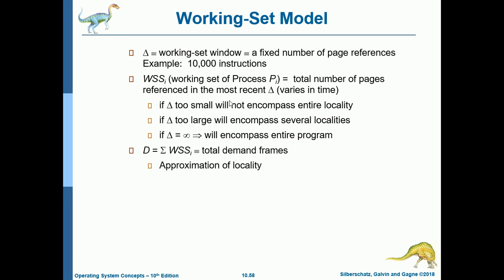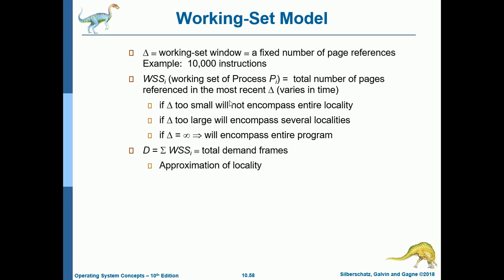WSS sub i, the working set of process P sub i, is equal to the total number of pages referenced in the most recent working set window, which varies in time. If delta is too small, it will not encompass the entire locality. If delta is too large, it will encompass several localities. If delta approaches infinity, it will encompass the entire program.